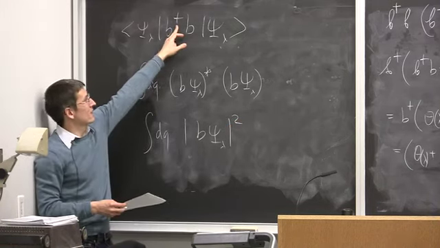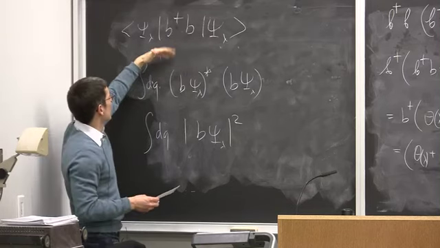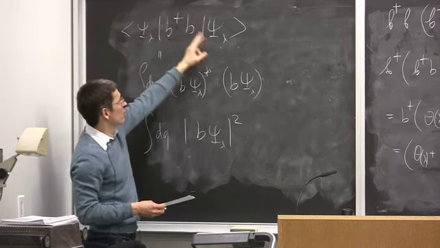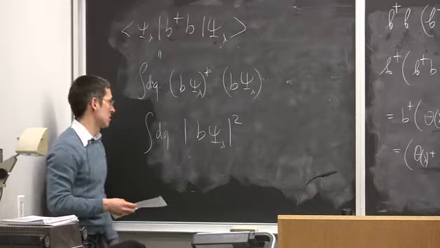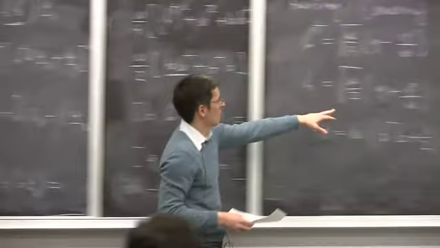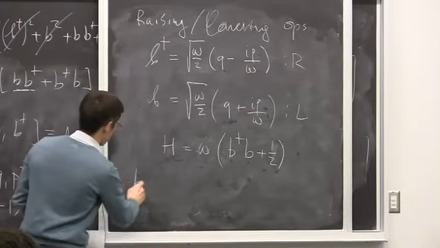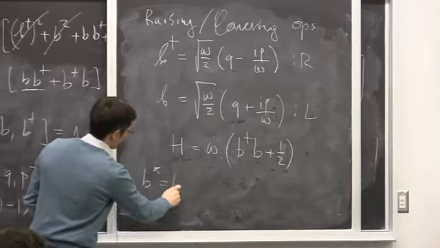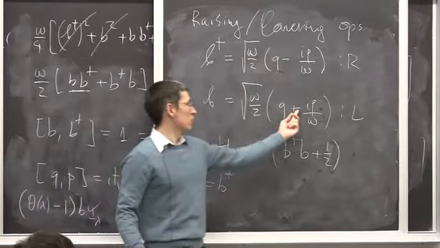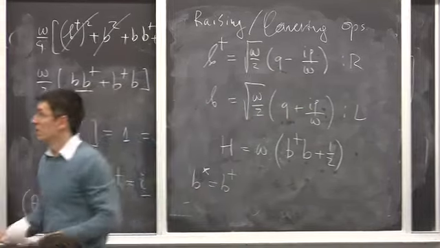Because B dagger is the Hermitian conjugate of B. So the action of B dagger on this side is the same as the action of B on that side. Because B and B dagger have an i, if you just do B star, you need to change the sign in front of i, and that's what gives you B dagger.